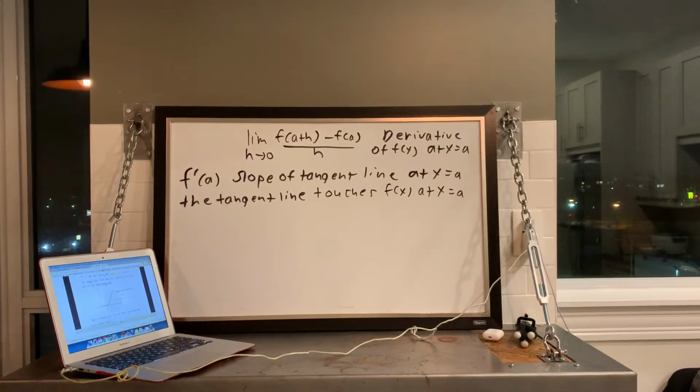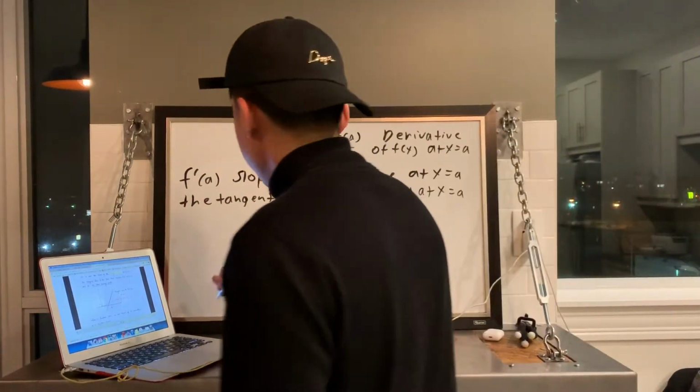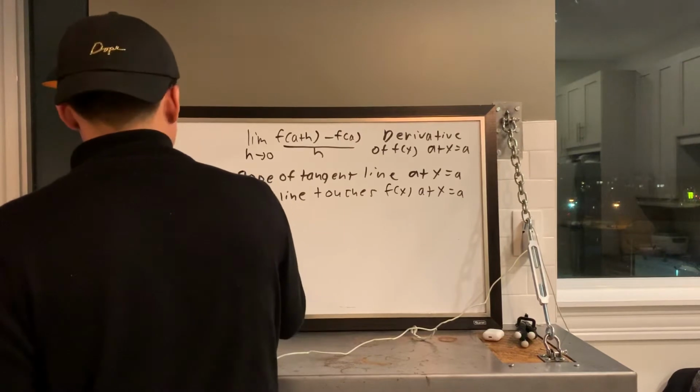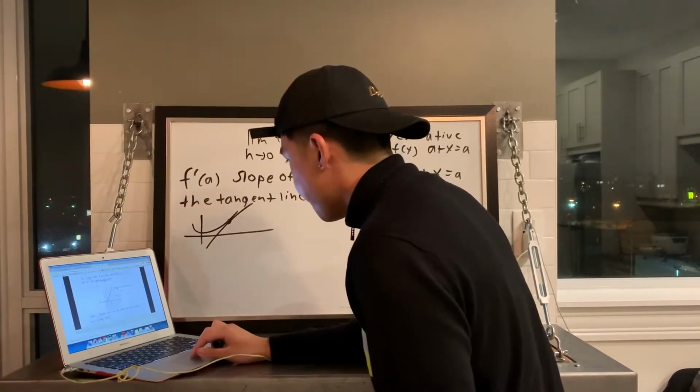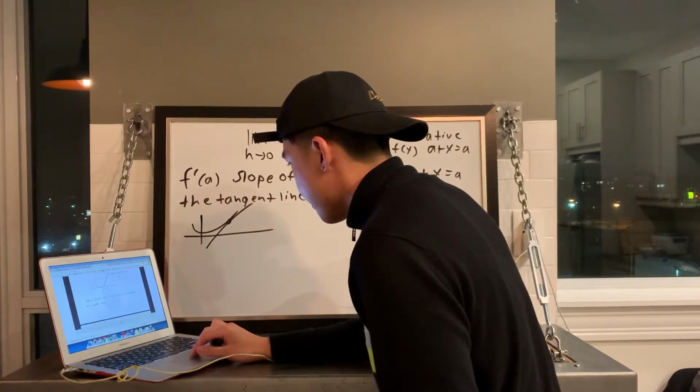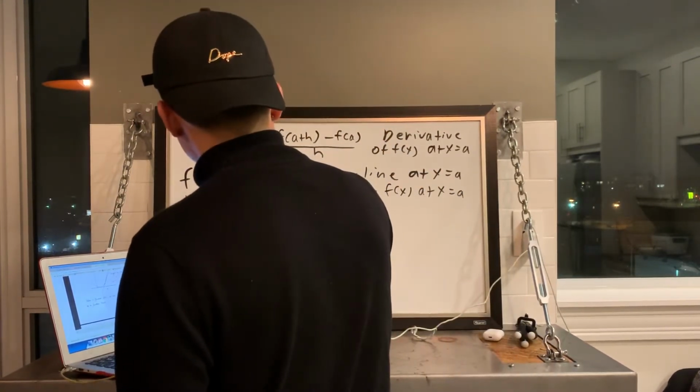So it's exactly at one point, essentially. So you have, that's the tangent line, exactly at that point, let's say. So f prime of a would be the slope at a.